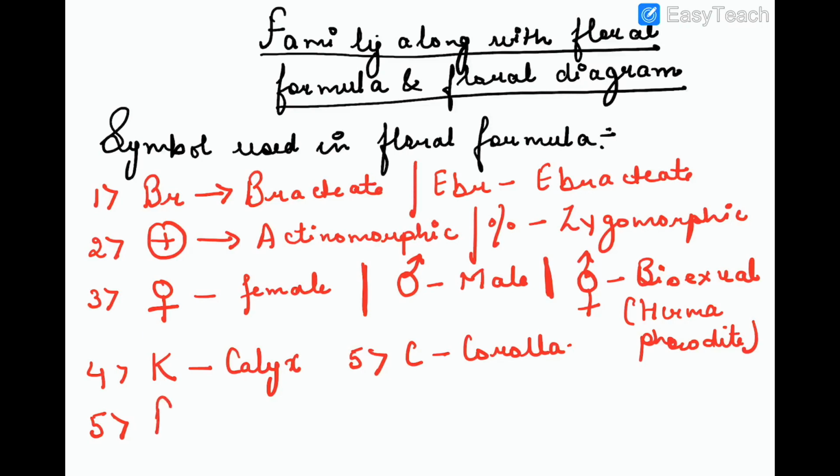It is written by P. So P is for perianth. That means we cannot distinguish whether it is a sepal or a petal.